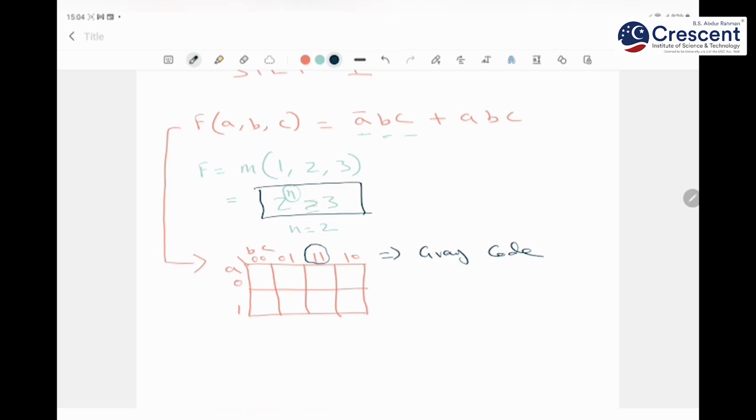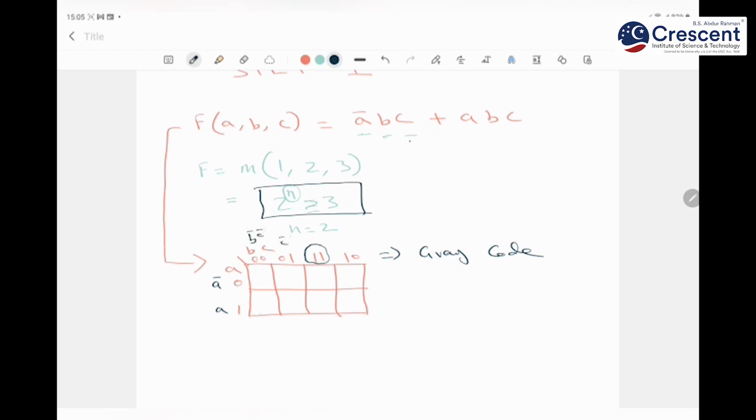Now let us map this one into this map. So A bar BC. This one is A bar, this one is A, and here it is B bar C bar. This row indicates your B bar C bar.